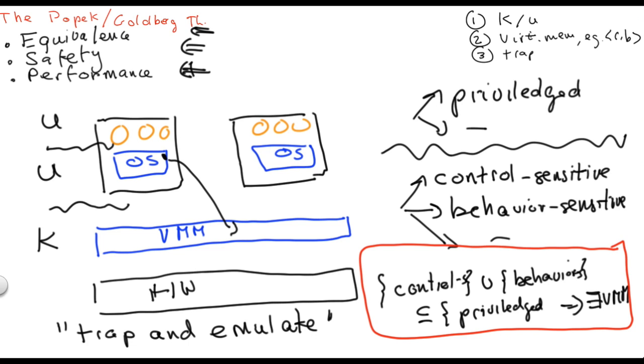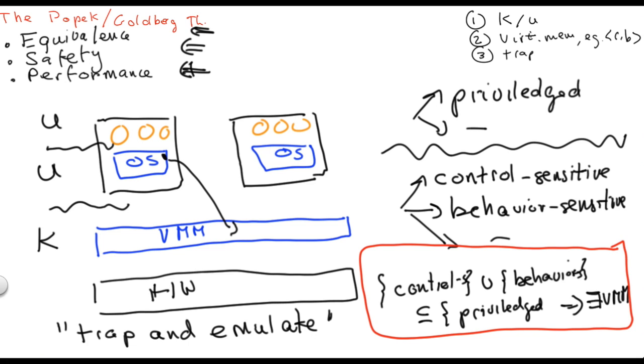And so for that, we actually need to construct the VMM, and the formal proof in the paper is actually a proof by construction, by formally demonstrating that as long as the inclusion relationship holds, then such a VMM can be built.